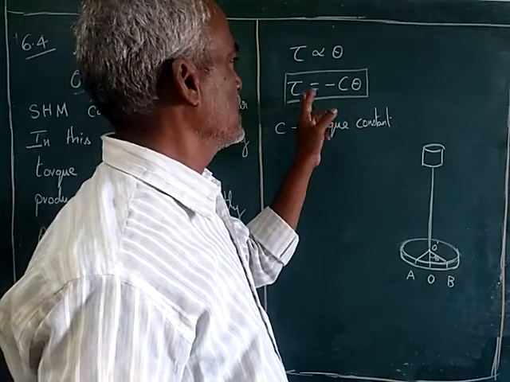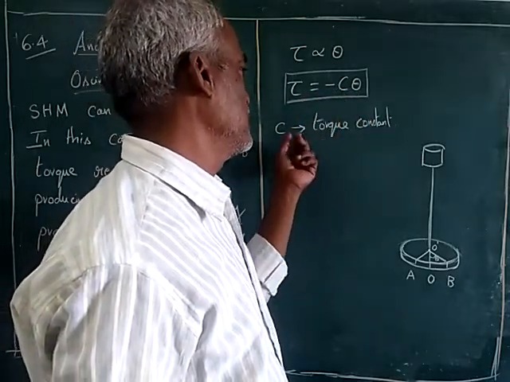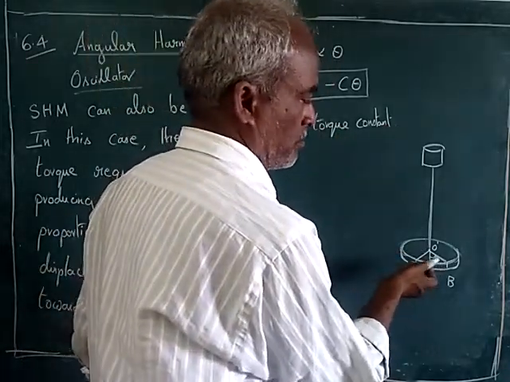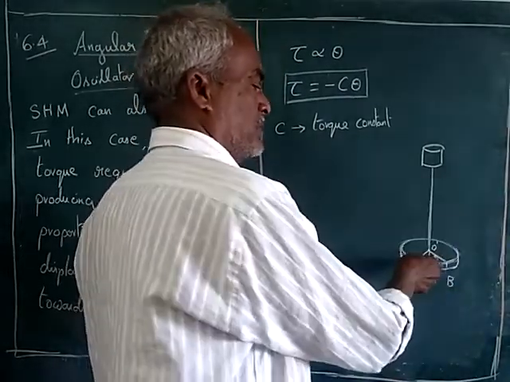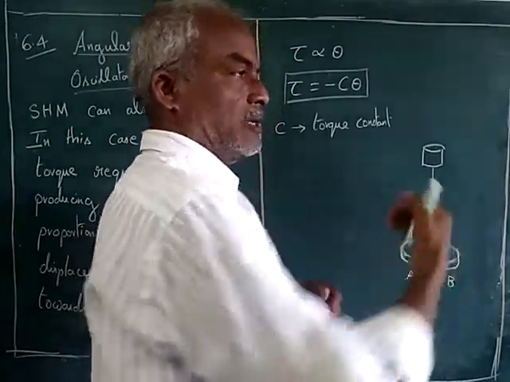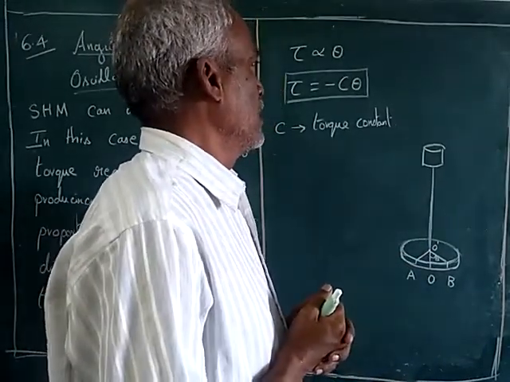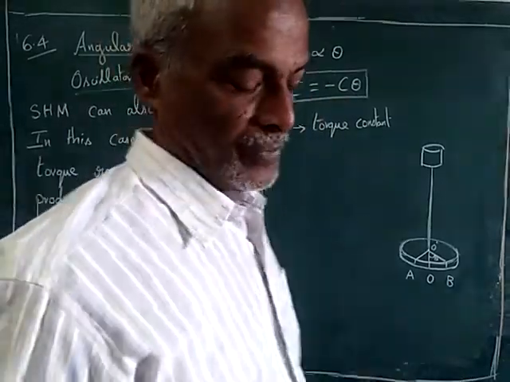This can be written as torque equal to minus C theta, where C is the torque constant. When you twist the string, say anti-clockwise by an angle theta, there is an opposite force. That's why we put a minus sign.